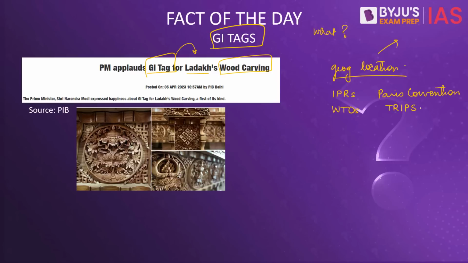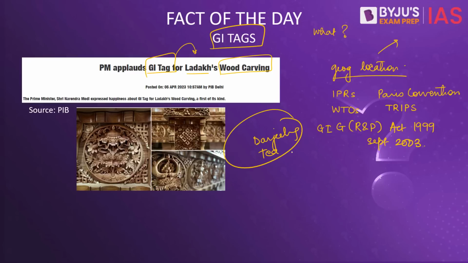In India, these registrations are administered by an act of the Parliament of India, that is the Geographical Indications of Goods (Registration and Protection) Act 1999. This act came into force with effect from September 2003. The first product to get a GI tag was Darjeeling tea, and it got this tag in 2004-05.